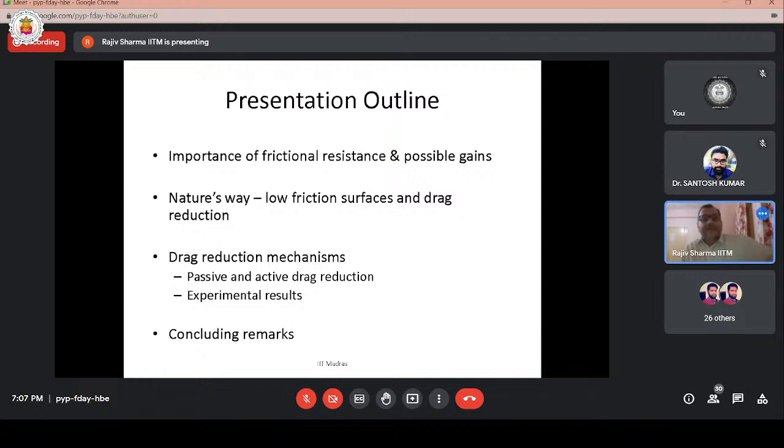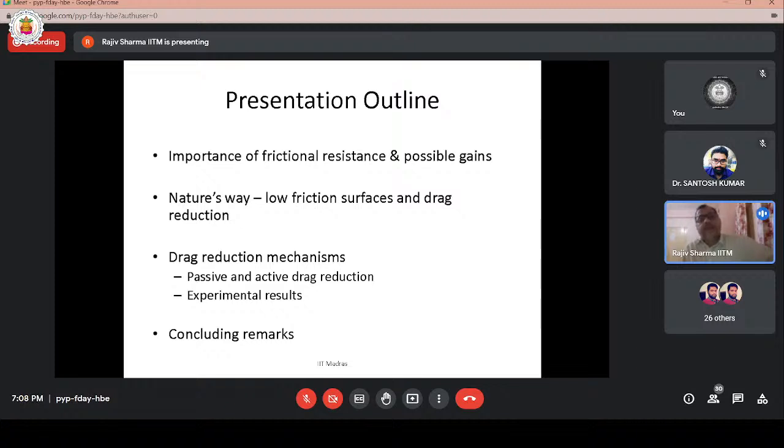So very few cars, for example BMW series, Mercedes series, will have a very long and sleek body. But you cannot expect the same from Maruti because the cost is not really that low. So this is something which has been tried quite a lot.